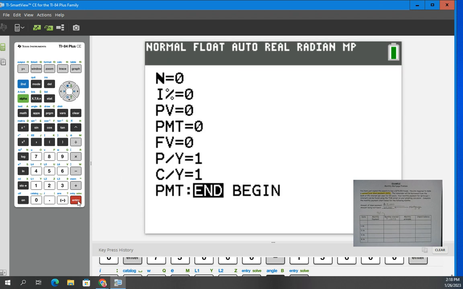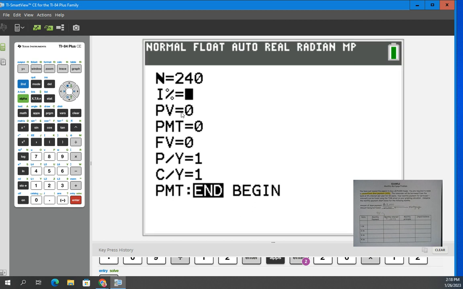This is where we're going to put in all of our information. So 20 years, the N is how many payments we're going to make. We are going to make 20 times 12 payments, and notice the calculator will do that for you. Now on the blue calculators, you cannot hit enter. You do 12 times 20 and then you have to hit the tab key.